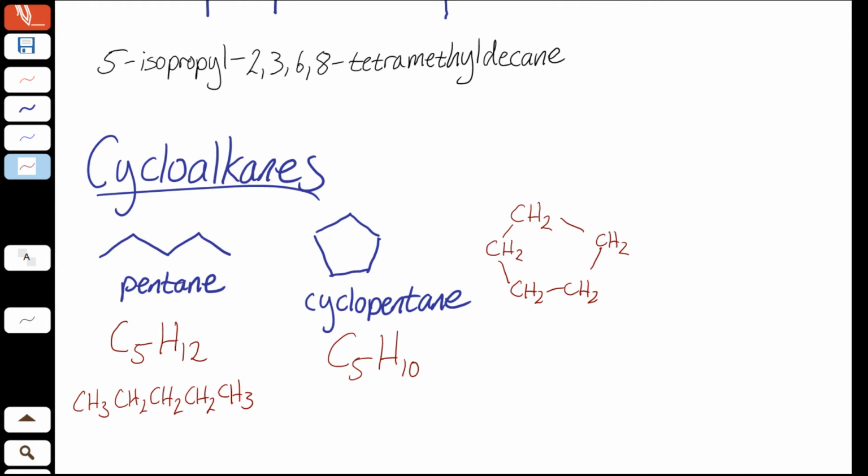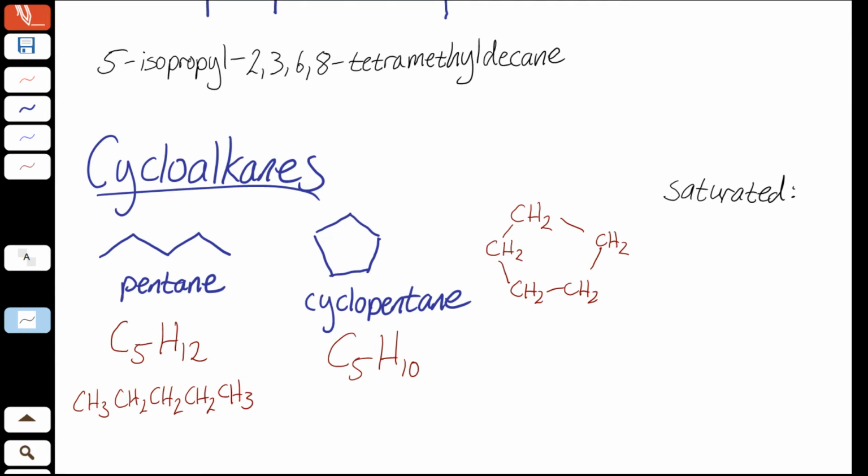So that leads us to a couple of terms: saturated and unsaturated. A saturated hydrocarbon is one that has as many hydrogens as possible, which usually is going to be our standard alkanes that have a formula of CnH2n+2.